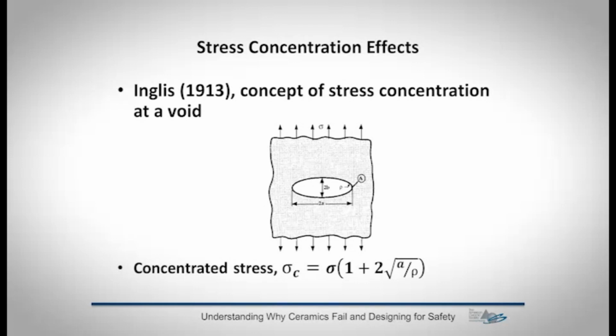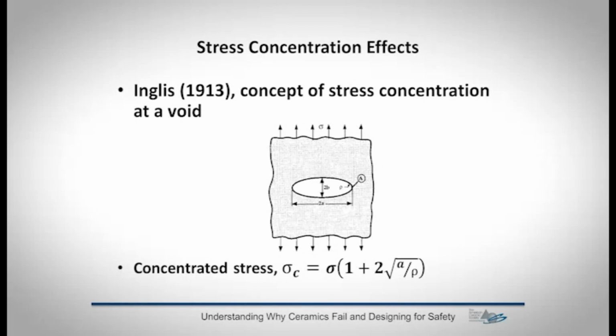But it was recognized, and Inglis in 1913 was really the one who first put forward the idea of a stress concentration. He did it for an elliptical void in a material, and pointed out, calculated that because of the void there was a concentrated stress. You see here at the bottom the sigma sub c.